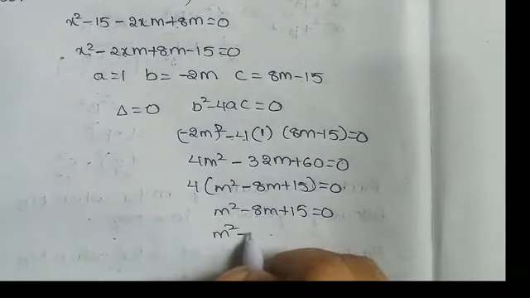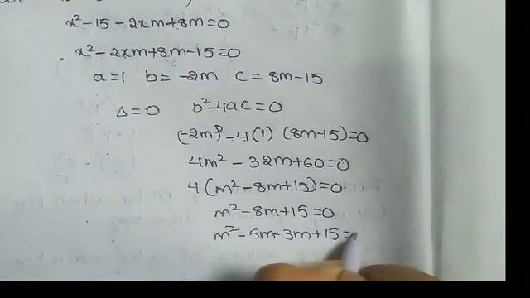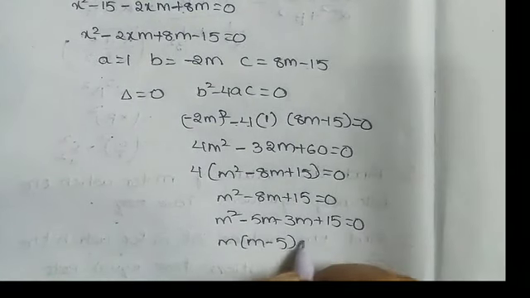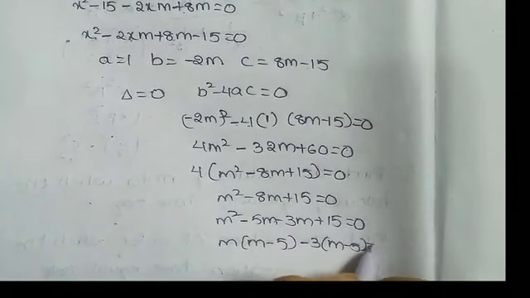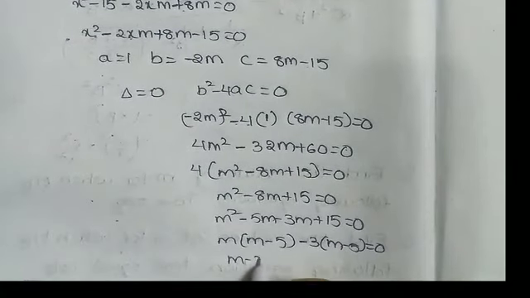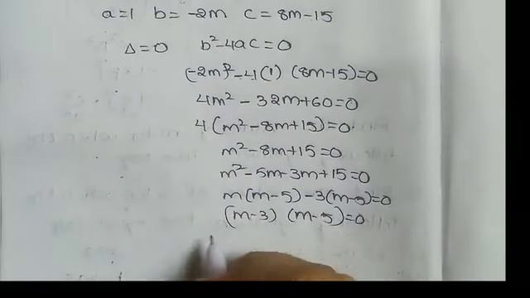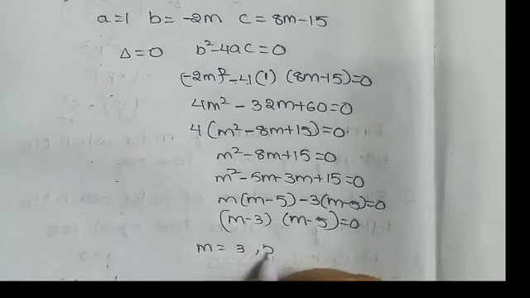Now factorize it. m square minus 5m minus 3m plus 15 equal to 0. m minus 5 into m minus 3, so m minus 3, m minus 5 equal to 0. So m values are 3, 5.